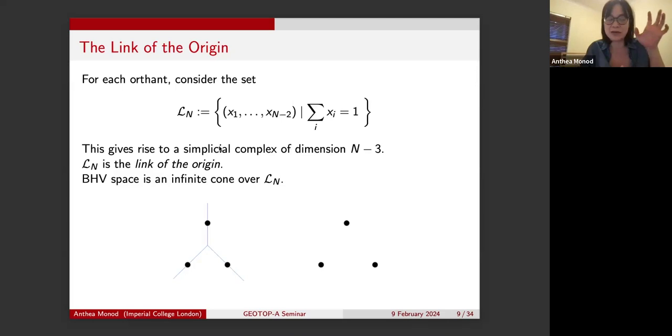This set is known as the link of the origin, right? In this case, this is an example for BHV tree space when you're looking at n=3 leaves. You can take these 3 points and build the infinite cone over each of them, and that's exactly what's happening here. So this link of the origin is the defining skeleton of BHV tree space.